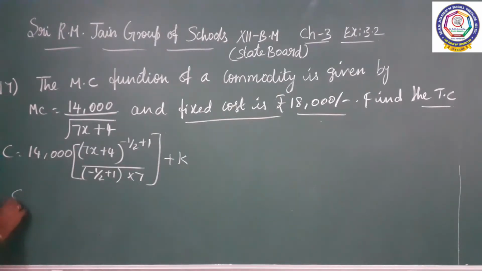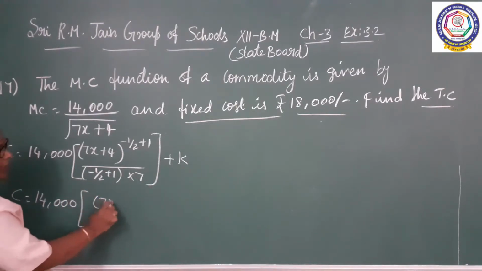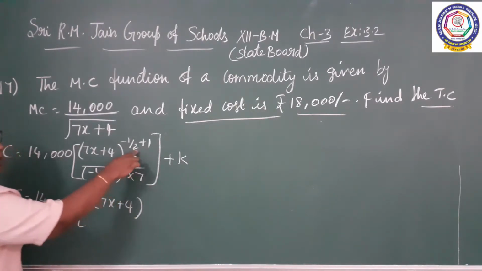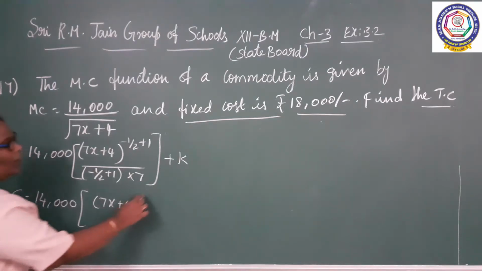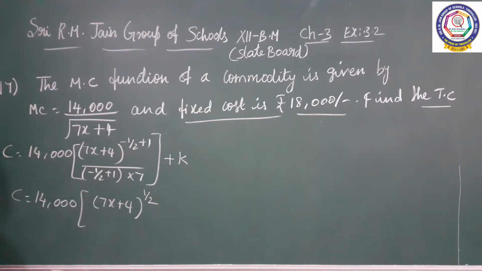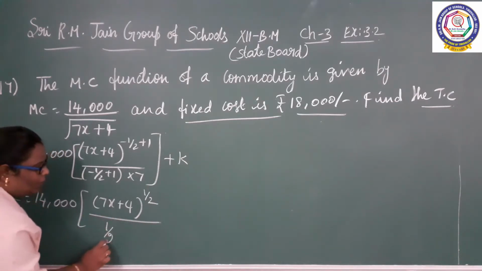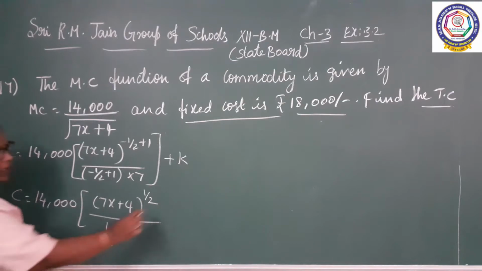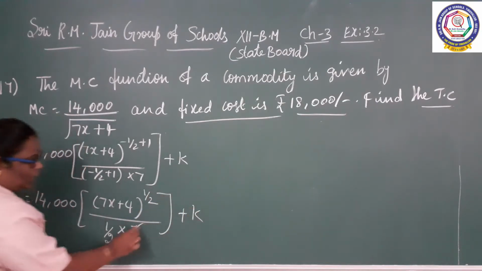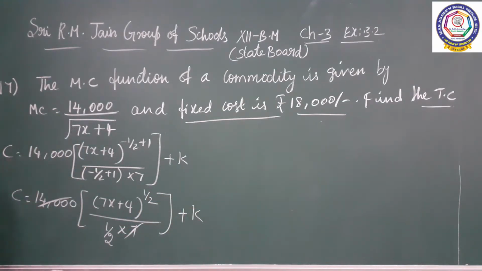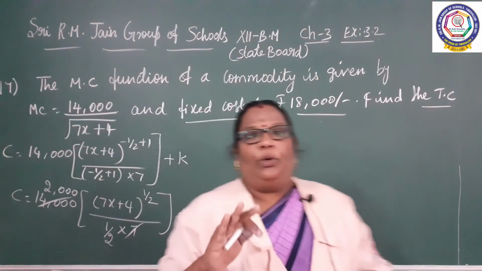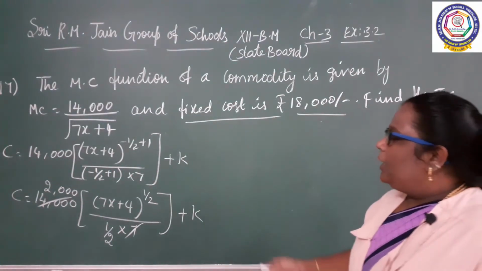So c equal to 14,000 into (7x plus 4) whole power, taking 2 as the LCM, minus 1 plus 2 divided by 2 is 1 by 2, by 1 by 2 into 7, plus k. You cancel that 7 and 14,000, you get the value 2,000. The reciprocal of that 1 by 2 means 2 comes into the numerator.